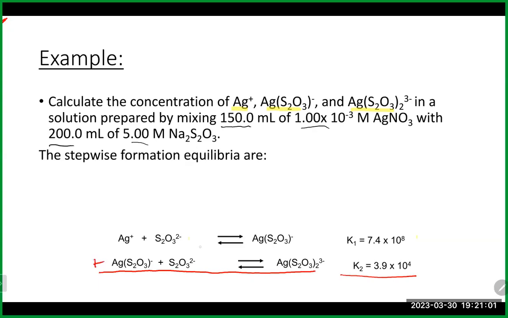When we add this together, this guy right here and this guy right here will cancel out, and that will leave us an overall reaction of silver plus a couple of these S2O3 2 minus, going to our complex ion here, Ag(S2O3)2 3 minus in this case.